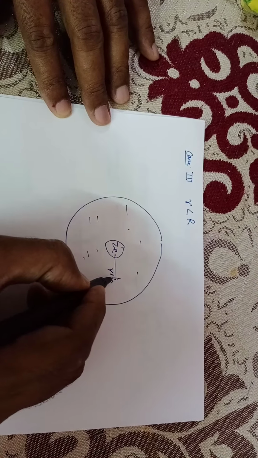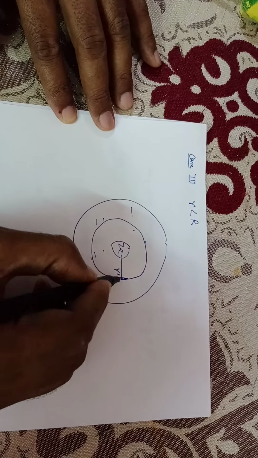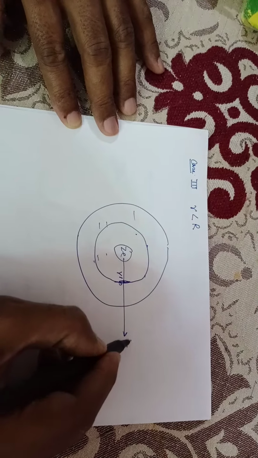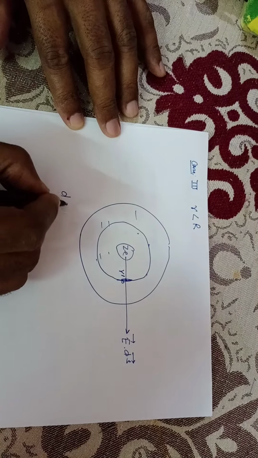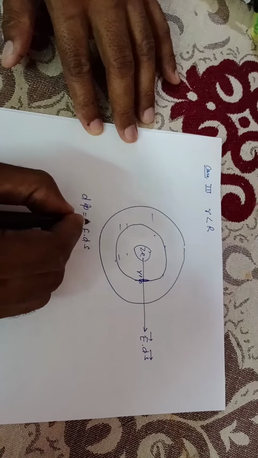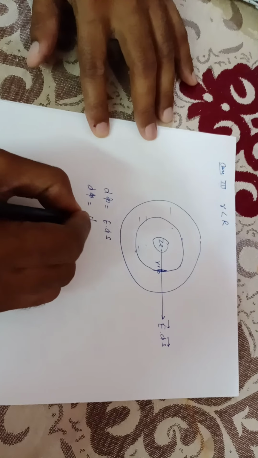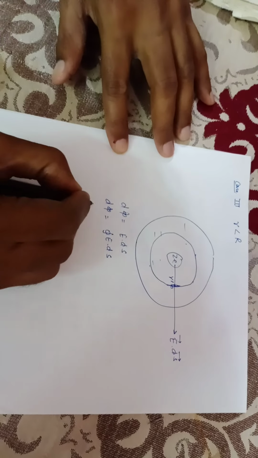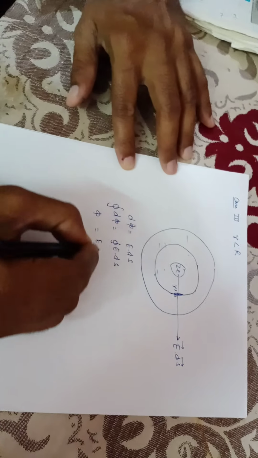First of all, we will construct a Gaussian surface, and the Gaussian surface will be like this. E will be on this side as well as ds on this side. So d phi will be E dot ds. Then for total flux, phi will be the integral of E ds.